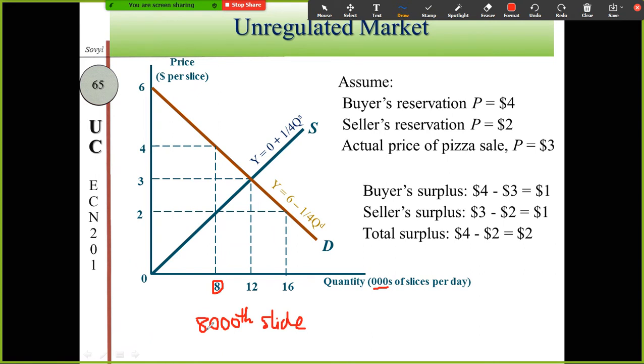No, only one unit, only one slice of pizza at 8,000, not 8,000 slices, but only one slice. Because here, the price selling in the market is $3, because the equilibrium price is $3. But the buyer wishes to pay up to $4.